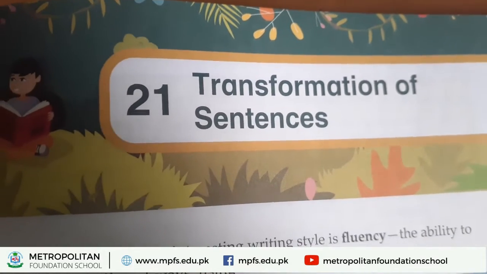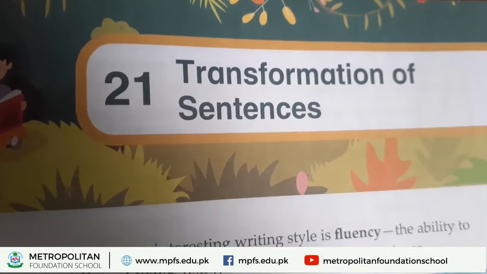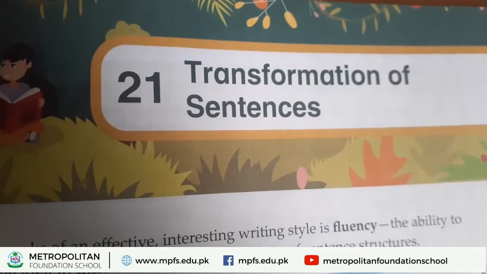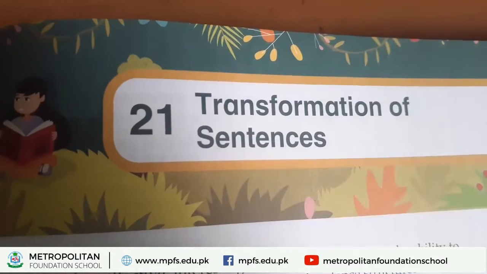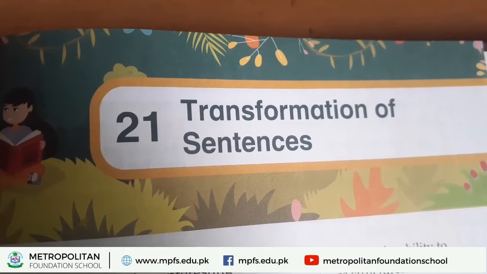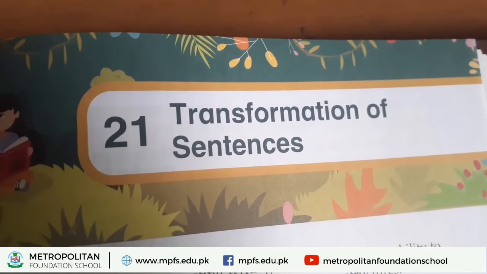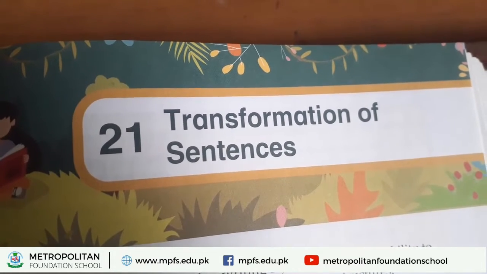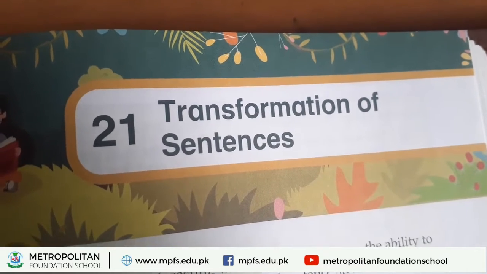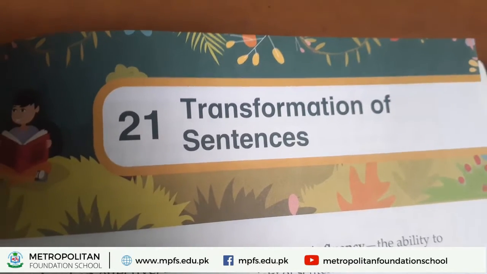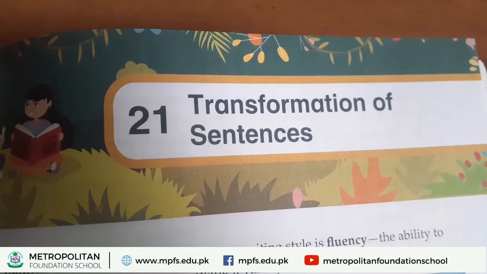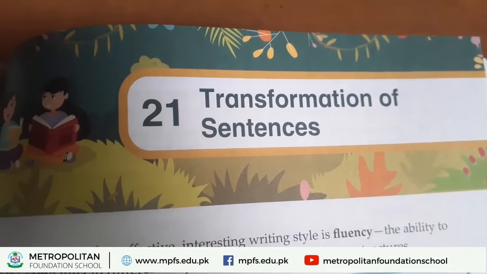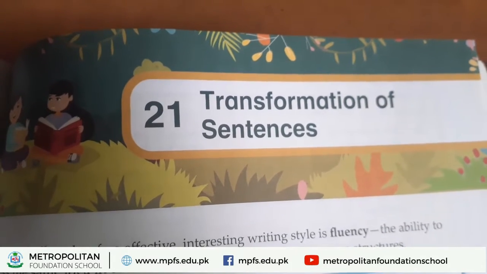In the coordinating conjunction, the main clause needs to be removed to transform a compound sentence into a simple sentence. Now, simple to compound and compound to simple are explained.